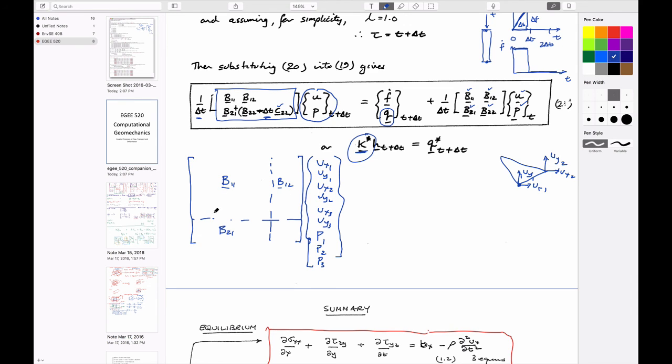But you know from looking at this that this in size has to be 6 by 6, and it's really just a stiffness matrix. This has to be rows and columns, so rows would be 6, and columns would be 3, and this would be 3 by 6, and this would be 3 by 3, as you can see. And so this essentially would be the stiffness matrix, no different from what we had before.